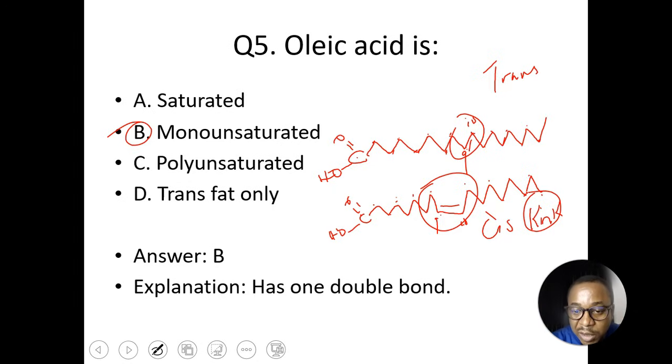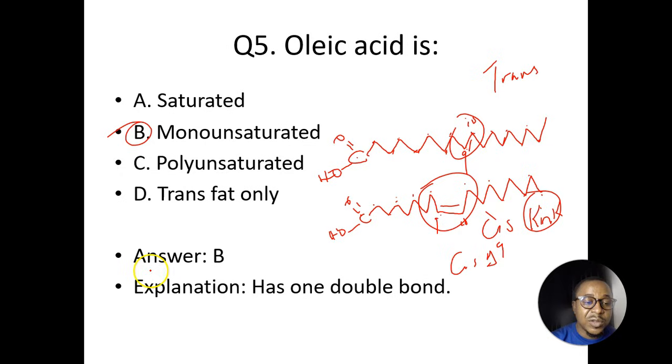So usually they will tell us this is cis delta 9. Delta 9 tells you the position is at carbon 9 and the orientation of the double bond is a cis double bond. So that is a monounsaturated fatty acid, oleic acid.